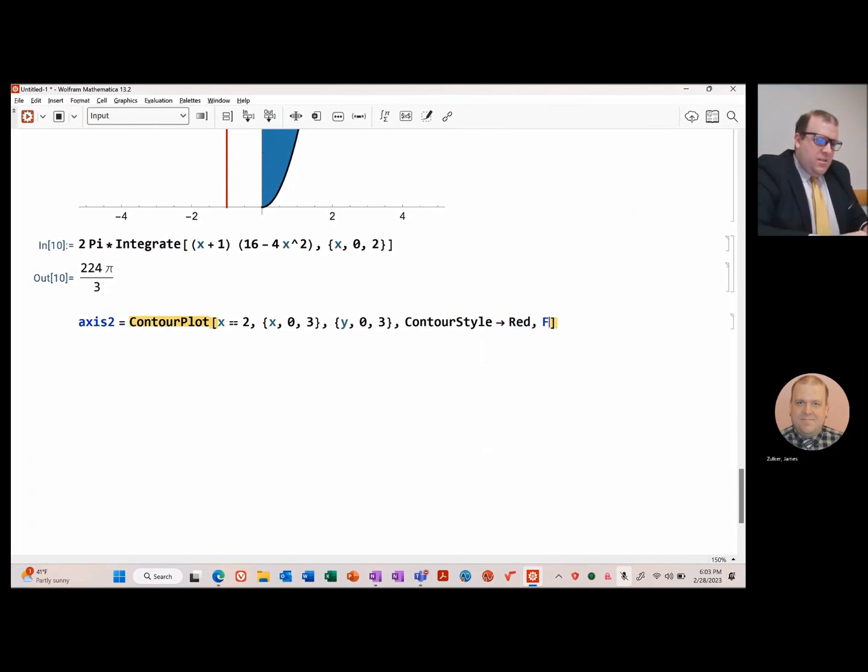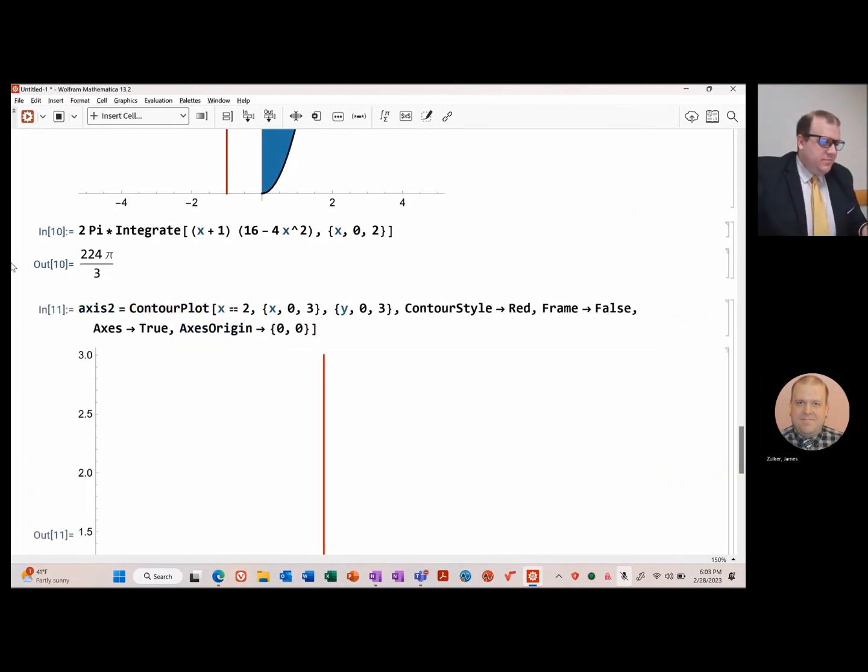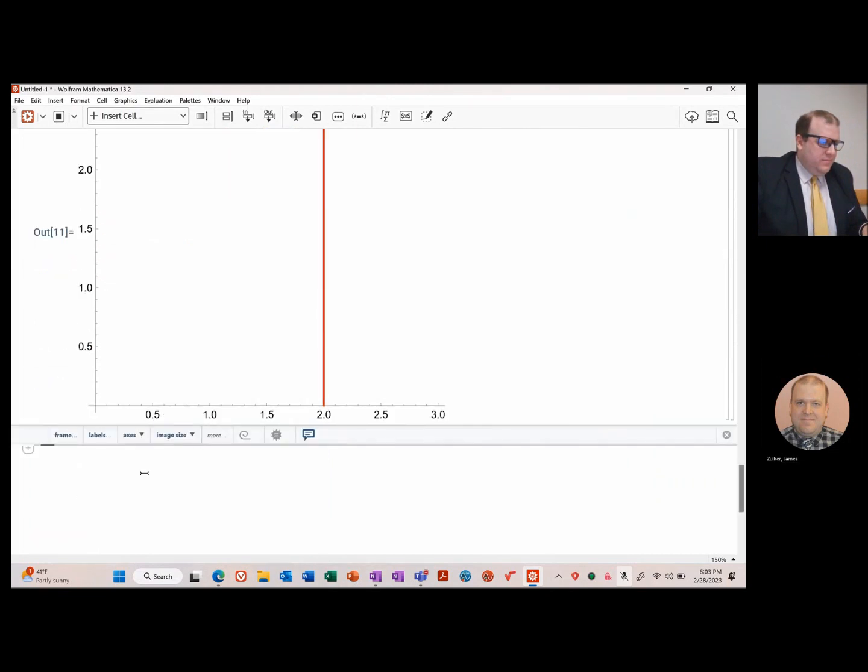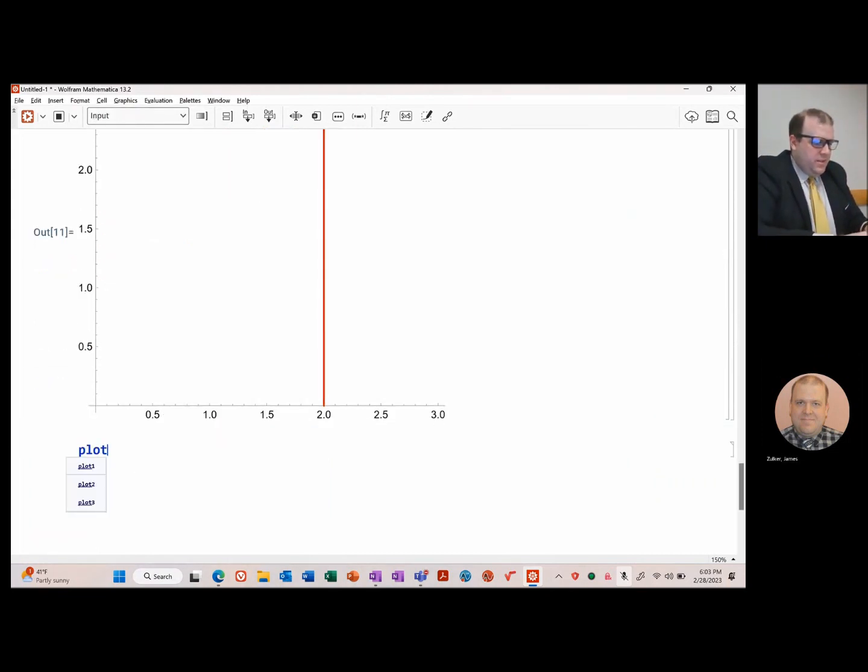Axes is on, set the origin. This is plot 4.